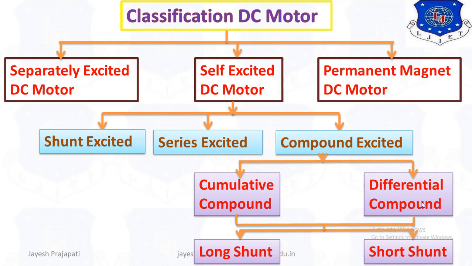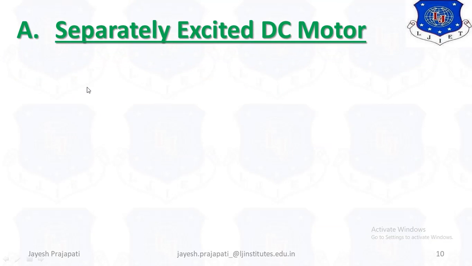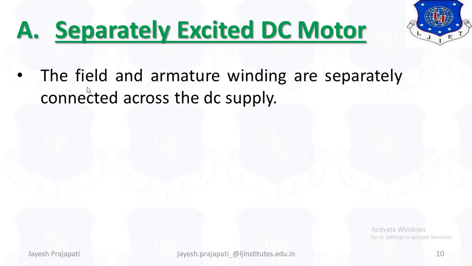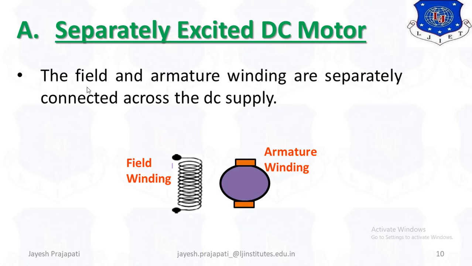Here we will study each motor one by one. Let us start with the first motor, separately excited DC motor. As per the name of this motor, it is separately excited. So the field and armature windings are separately connected across the DC supply. Now understand this motor by the equivalent circuit in the figure. First we take the field winding, and then the armature winding.